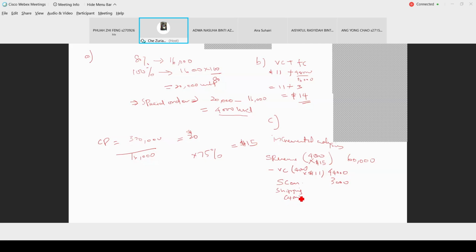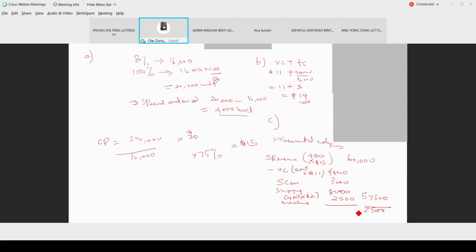So for this 4,000 units time with 2, 8,000. And then stamping machine. Dia kena beli stamping machine. Okay, machine tu 2,500. So the cost 57,500. So if you see with this special order, the balance is 200.